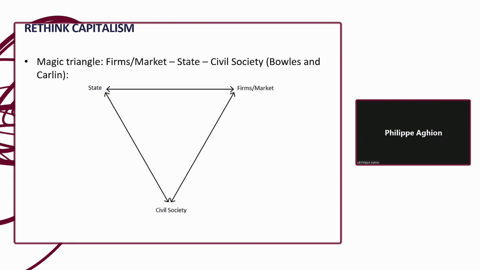It doesn't mean that necessarily this triangle will be activated, but the forces exist to be activated. The idea of this triangle came from Bowles and Carlin, but here we use it to deal with the Schumpeterian contradiction and show that the triangle is key to making sure that creative destruction can be sustained and also can be directed towards greener innovation.